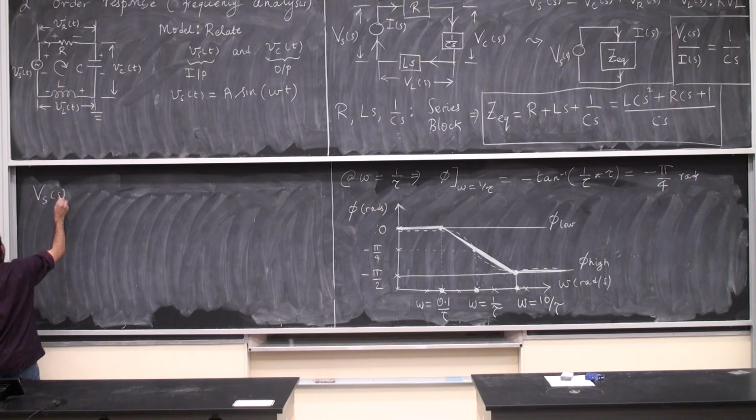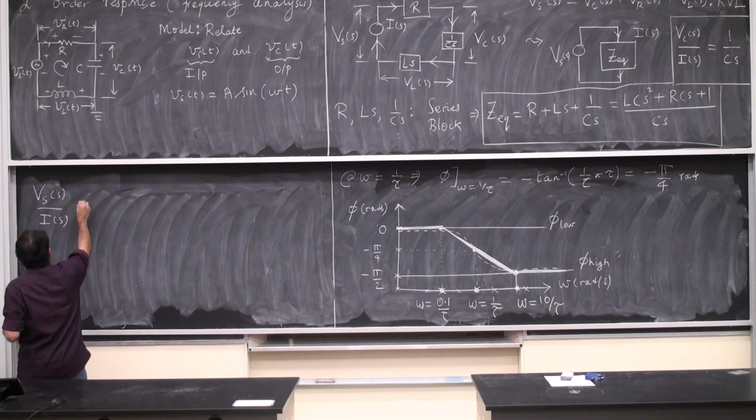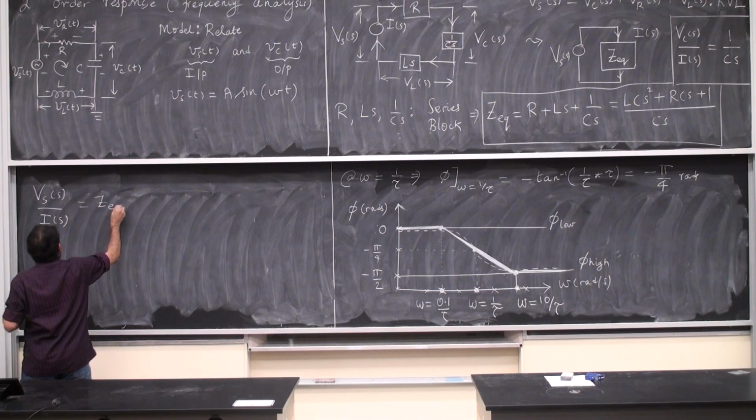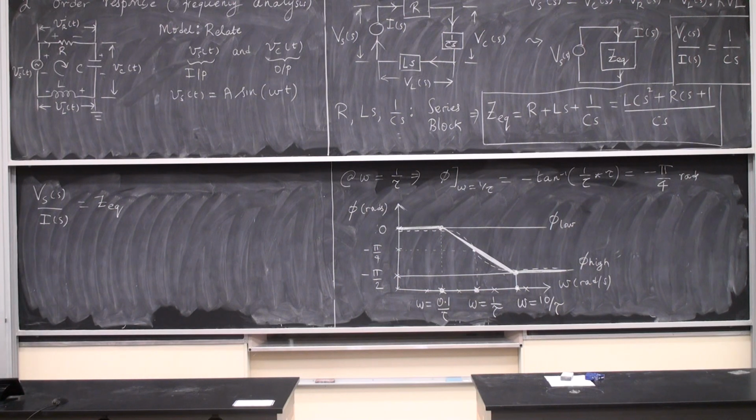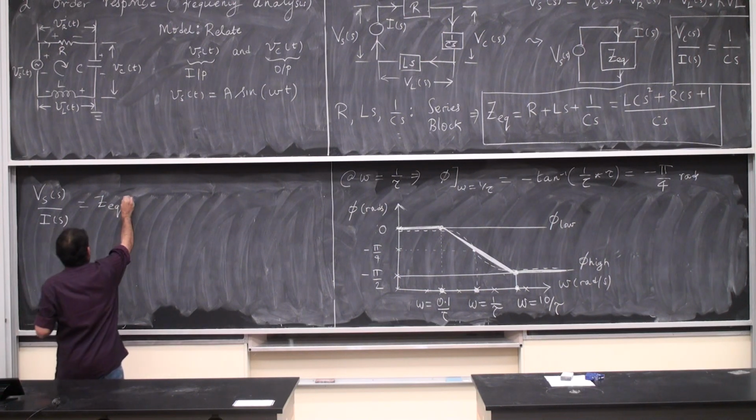Vs by I, right? This is the transfer function across the equivalent impedance block, and so this is just going to be the following, right?